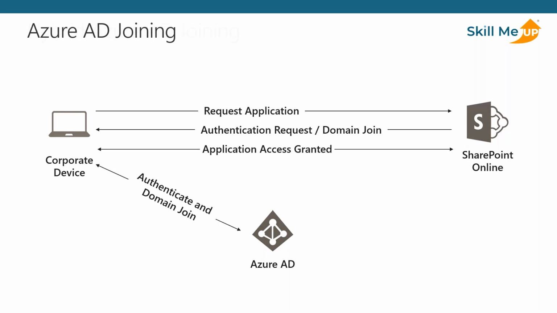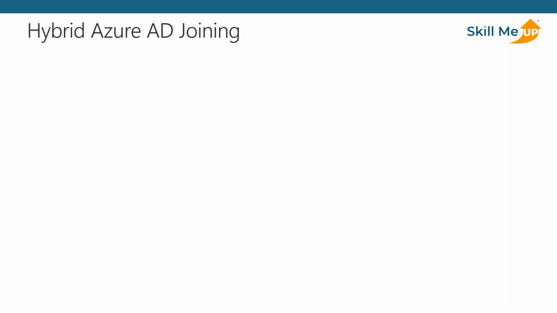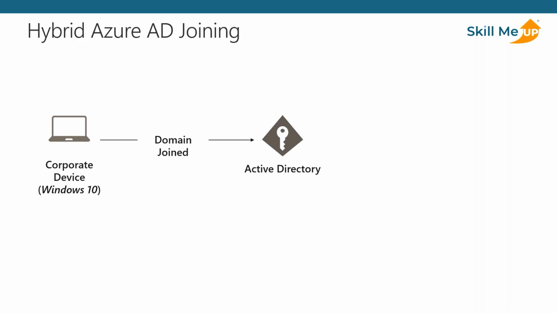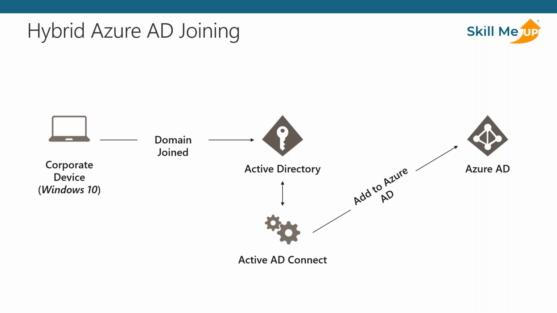Okay. Now, if we're doing hybrid Azure AD joined, the hybrid is a feature in Azure AD that lets you use both the on-prem and the Azure AD at exactly the same time. So if I have a corporate device that's joined to Azure Active Directory, and then, of course, Active Directory AD Connect is then connected, it will then synchronize from there to Azure AD.